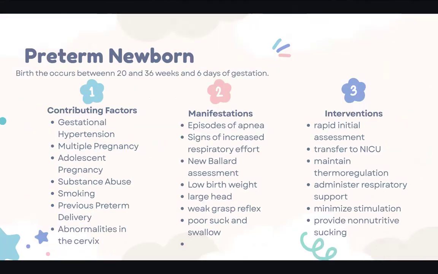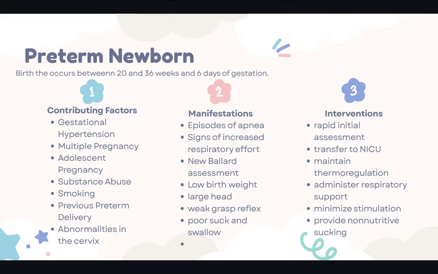All right, preterm newborns. A preterm is born between 20 weeks and 36 weeks and 6 days. The risk factors are going to include maternal hypertension, multiple gestations, if they're an adolescent in pregnancy, if they have any substance use, any cervical abnormalities, or if they have a previous history of a preterm delivery.